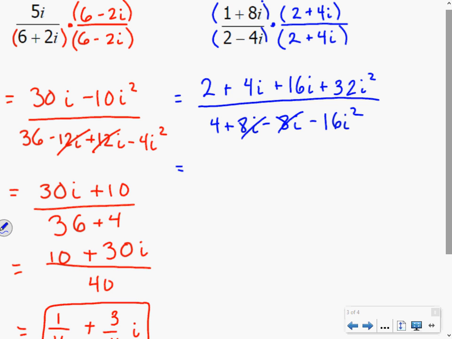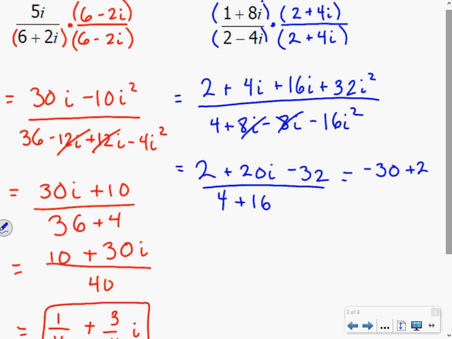Let's go through and clean up some stuff here. So in the numerator, I'm going to combine those two middle terms. I'm going to replace the i squared with a -1. So that's going to make that -32. In the denominator, I'm going to replace i squared with -16. So now, this is really -30 plus 20i over 20.